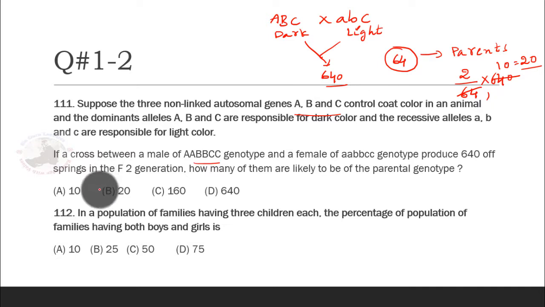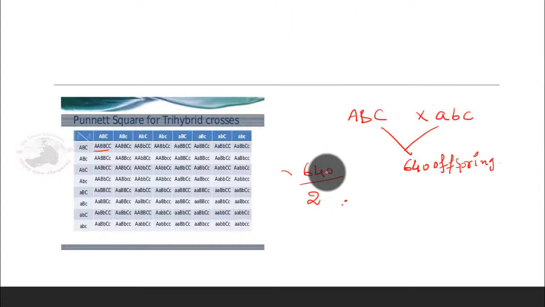Hence the answer will be 20. That means 10 will be dominant and the other 10 will be recessive. This is one way of finding the answer. You may always want to research and find the exact answer. Here you can go with tri-hybrid cross and identify that as well.